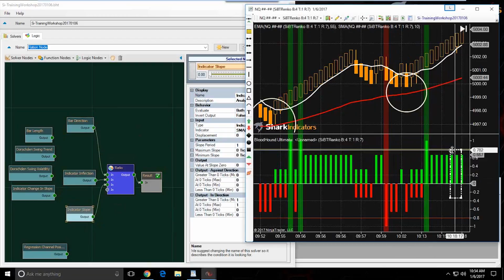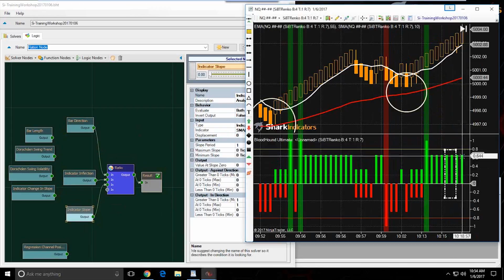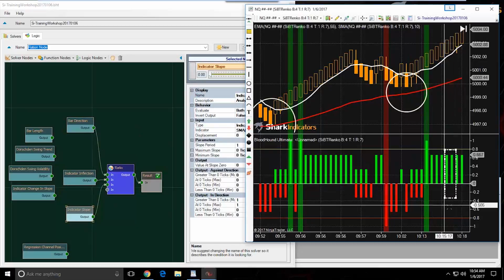Now over here, you can see that the output is 66%. And that's because two of the solvers are giving us a long output, and one of the solvers is giving us no output.